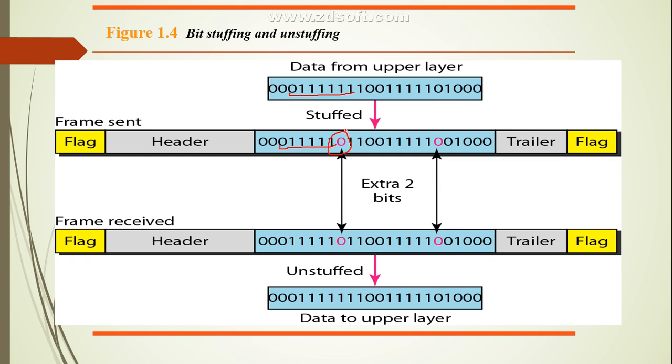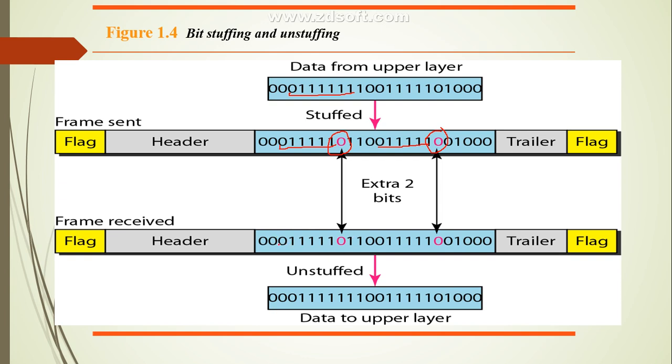We are going to stuff it. This is called bit stuffing. Similarly, over here also you can observe that a 0 and 5 consecutive ones are there. Then again we add one extra 0 to it, which is called bit stuffing. And these extra 2 bits are eventually removed from the data by the receiver when it has reached the receiver.